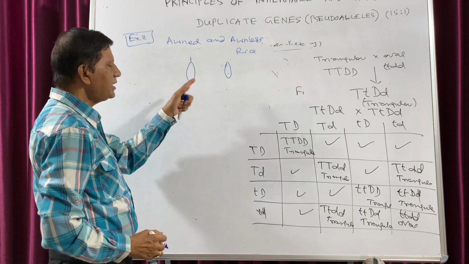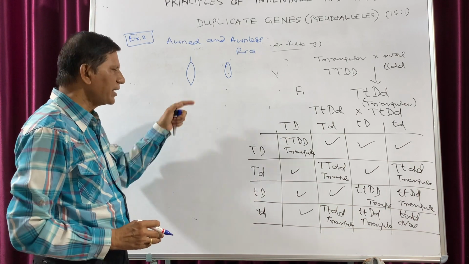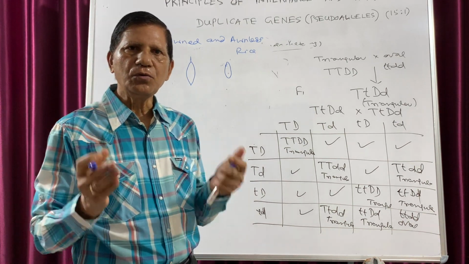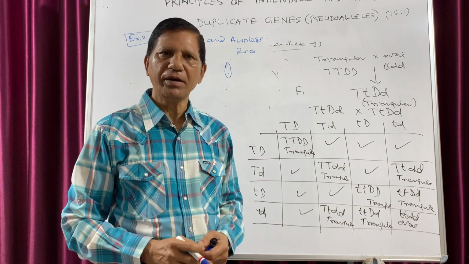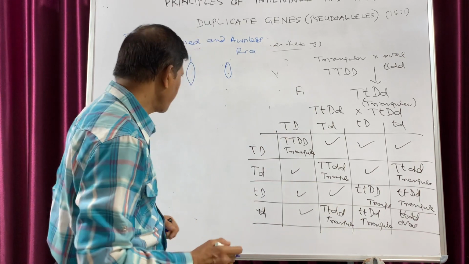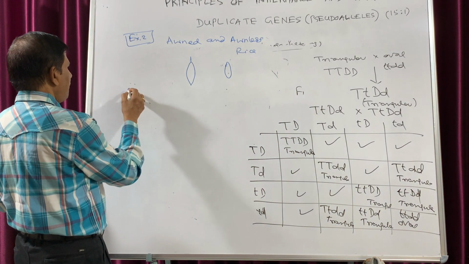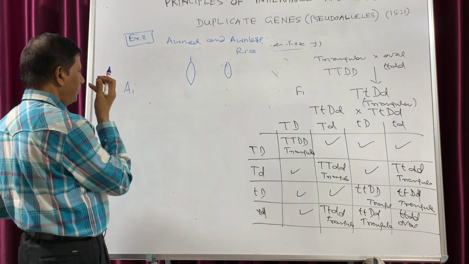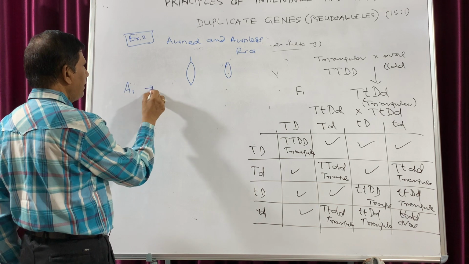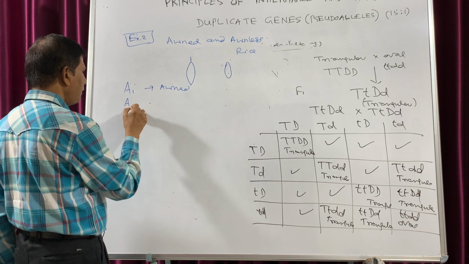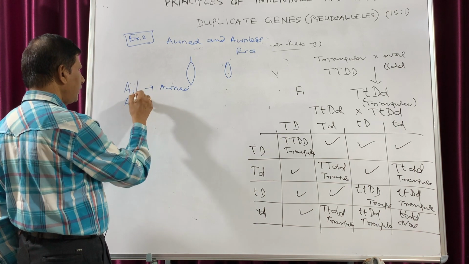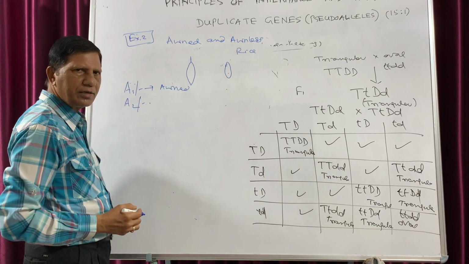So this awned character is regulated by two different genes present in separate loci, but their behavior is the same. So here, suppose we take A1. This will give rise to awned. We take the A2 gene, and the other one may be homozygous or heterozygous.